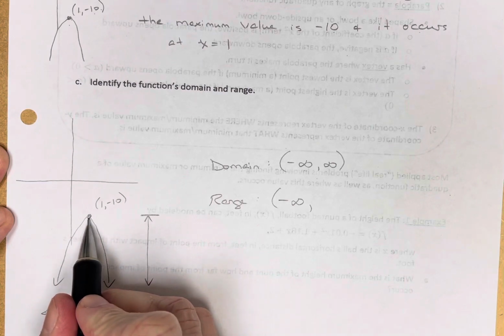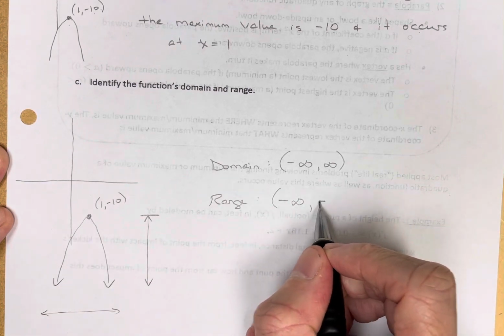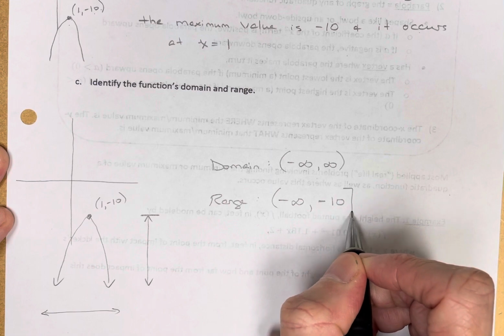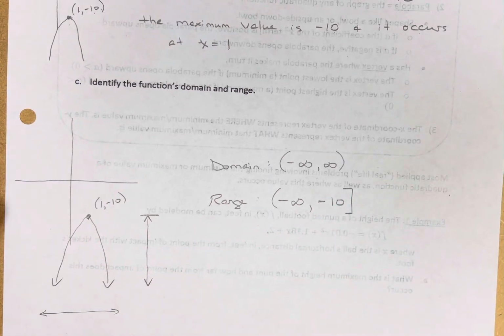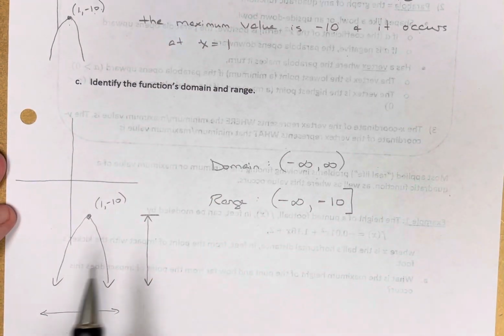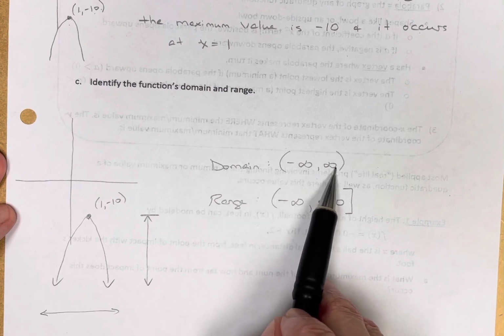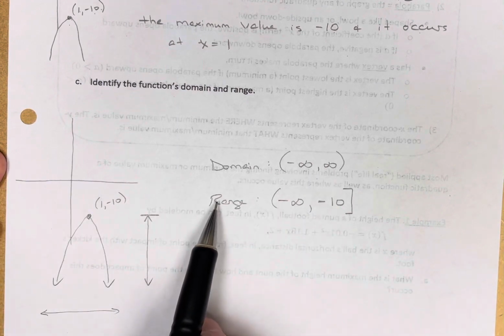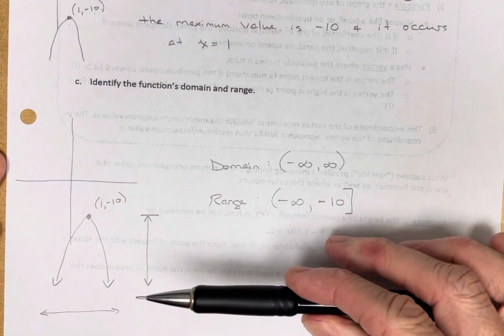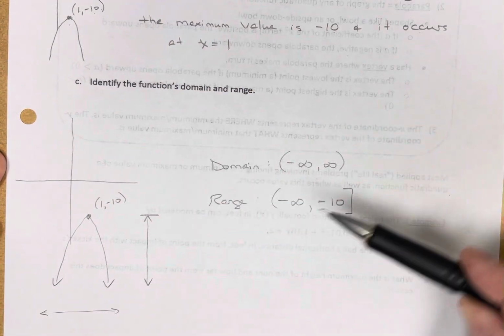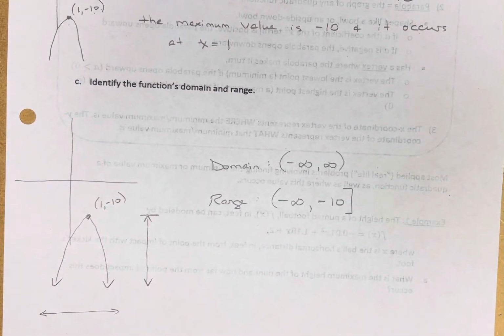It's a closed circle, so it's included. So I'll put negative 10 and enclose that with a square bracket. The domain goes from negative infinity to infinity in the x direction. The range goes from negative infinity to negative 10 in the y direction. So there you have it, how to find the minimum and maximum values of a quadratic.